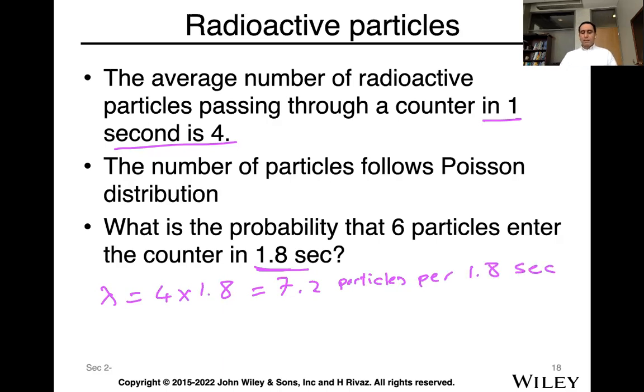In average, 7.2 particles enter in 1.8 seconds, and the rest is easy. Now I know that my X is 6, and all I have to do is plug into the Poisson distribution with parameter lambda equal to 7.2 and random variable X equal to 6.